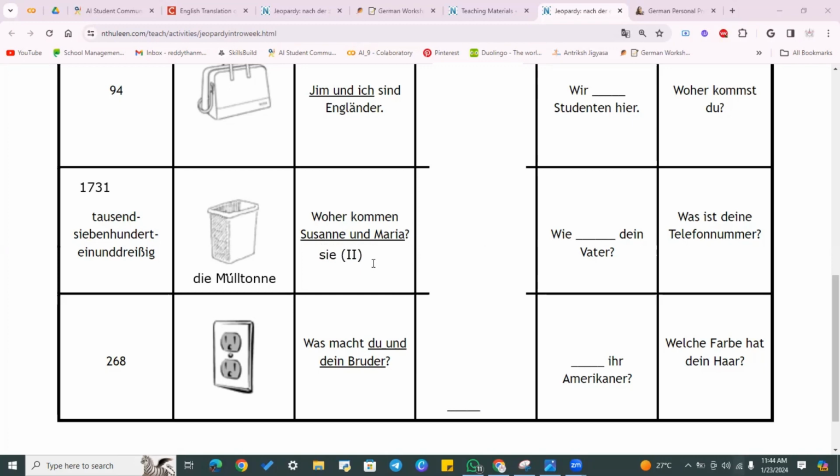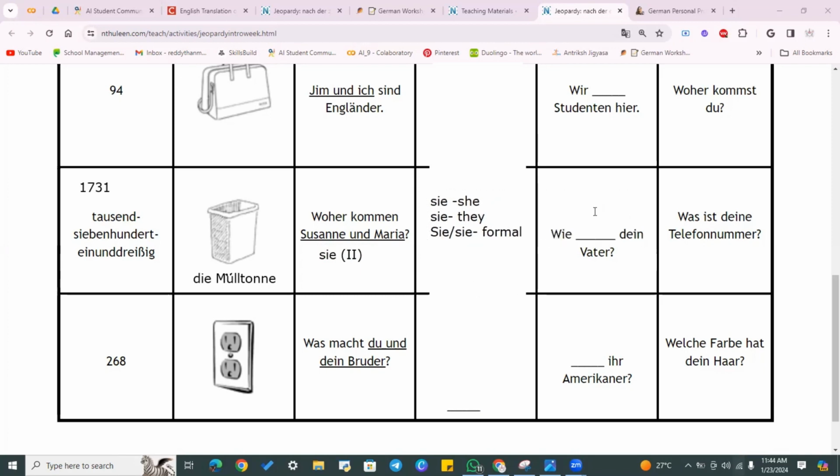Du is not really necessary, but just for explaining, I've written. Okay, now let's recall what are the three sie we have. This is the first sie, which is she. Second sie is for they. Third Sie, capital S, for formal.